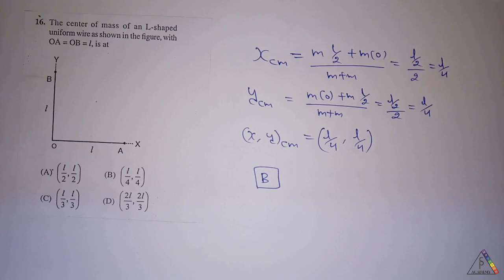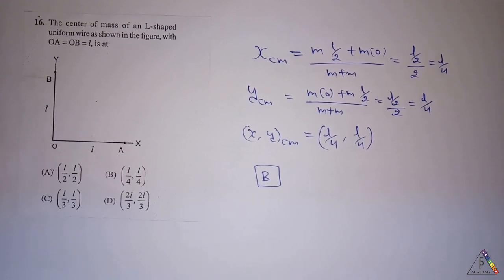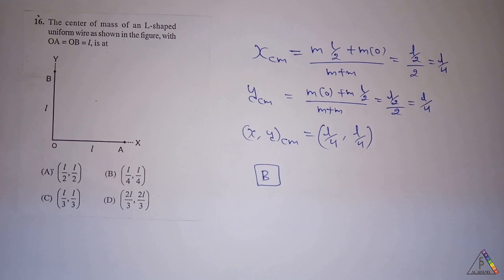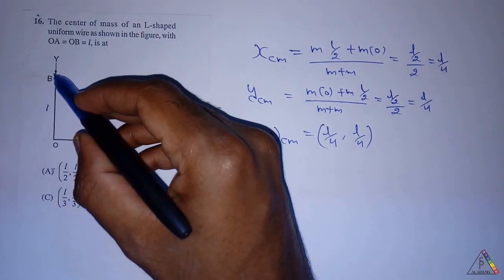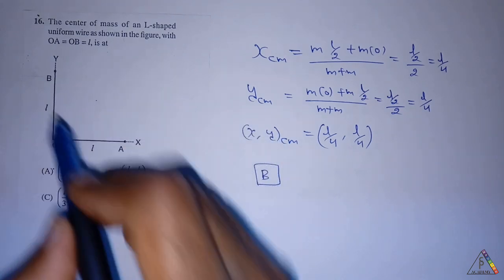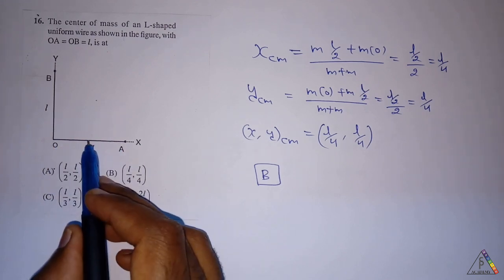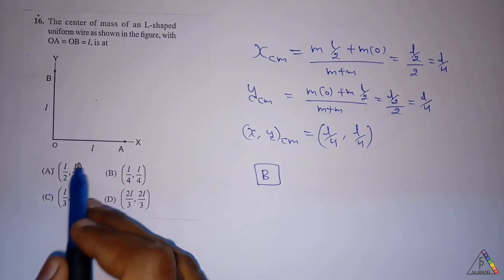Next question is, the center of mass of an L-shaped uniform wire as shown in the figure with OA equals OB equals L is at. The center of mass of this wire is at the point L by 2, and the center of mass of this wire is at a point L by 2.